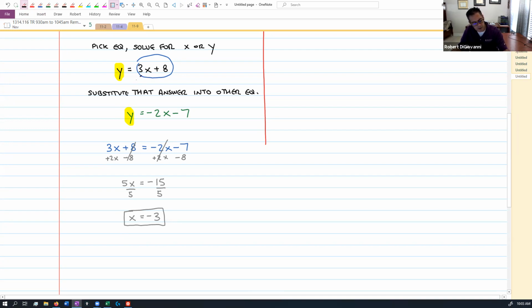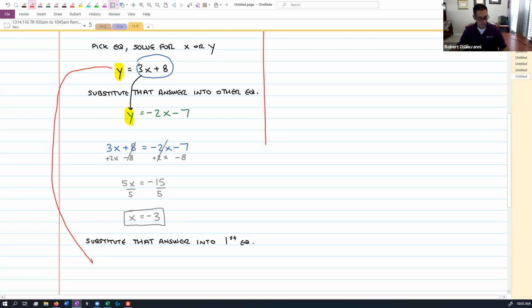Substitute that answer in for the y, right? And then solved it. And now what we do is we still need to get y. So now what we do is we substitute that answer into the first equation we have. So what I mean by that is, remember up here, we solved for y, right?